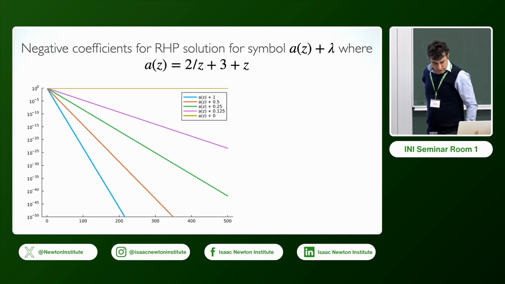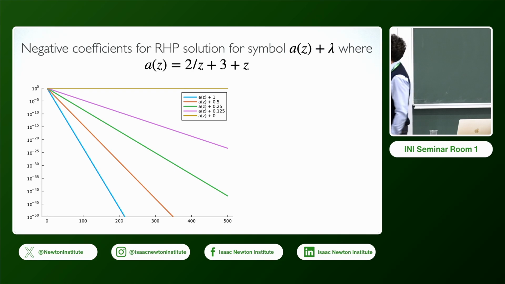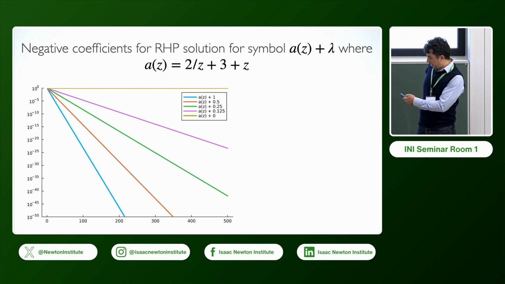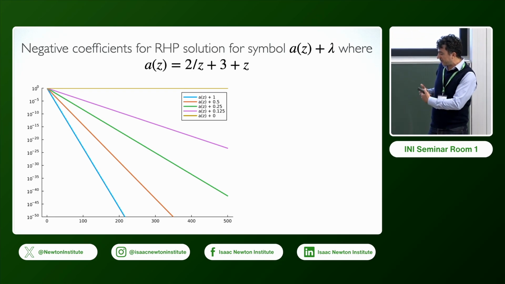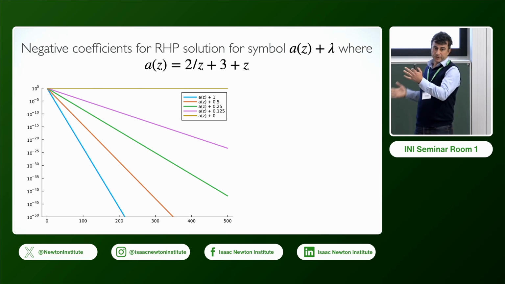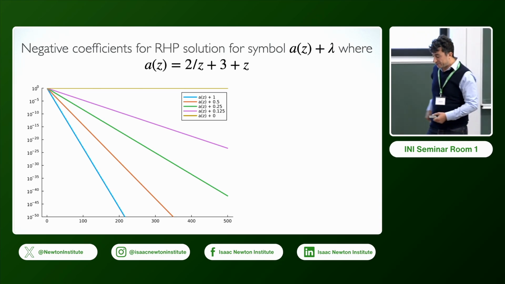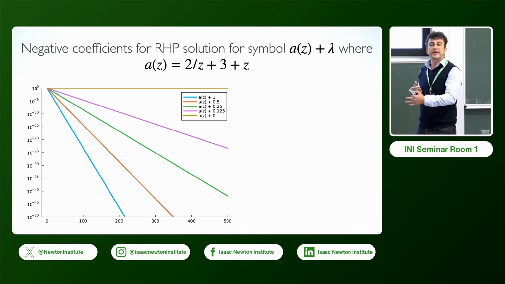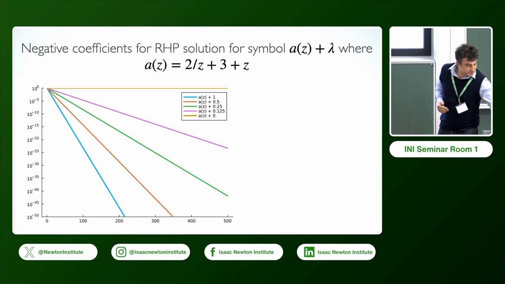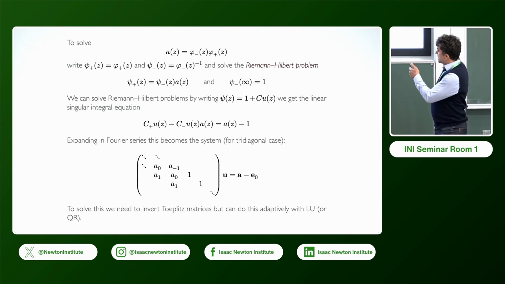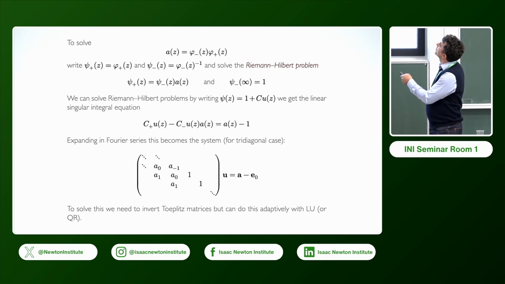So this works, but it has the exact same problem: the positive coefficients are actually computed exactly or with a finite number of entries. The negative ones we have to compute more and more because we're not expanding psi minus, or phi minus, we're expanding phi minus inverse.